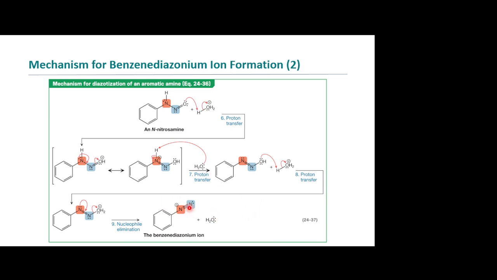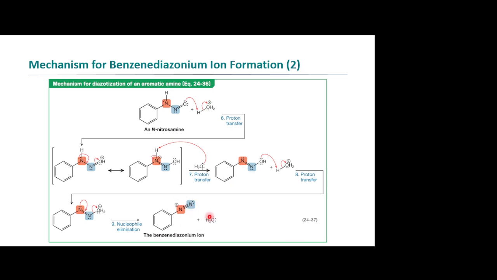Now, the cool thing about this ion here is this is obviously quite reactive, right? Everybody's comfortable with the fact that this is incredibly reactive. Okay. Did I lose everybody in the reaction pathway so far? All right. A little bit. Okay.